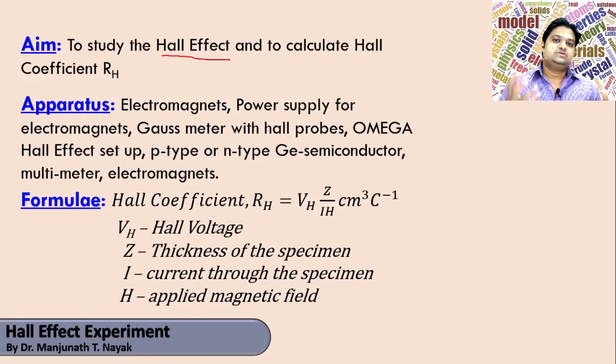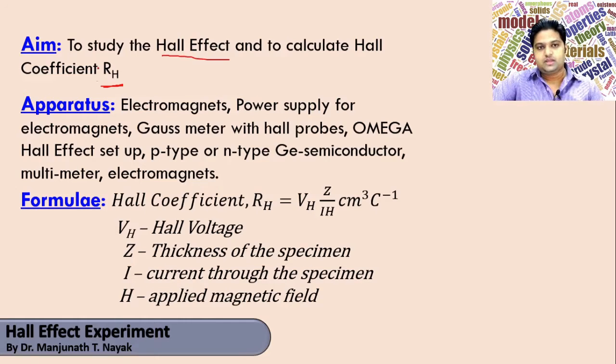Using this Hall voltage we are going to calculate a very important coefficient, called the Hall coefficient, that is the RH value. Now RH value, if you remember from your theory, if it is positive, then the conduction in that particular sample is due to holes, and if it is negative, then it is purely due to electrons.